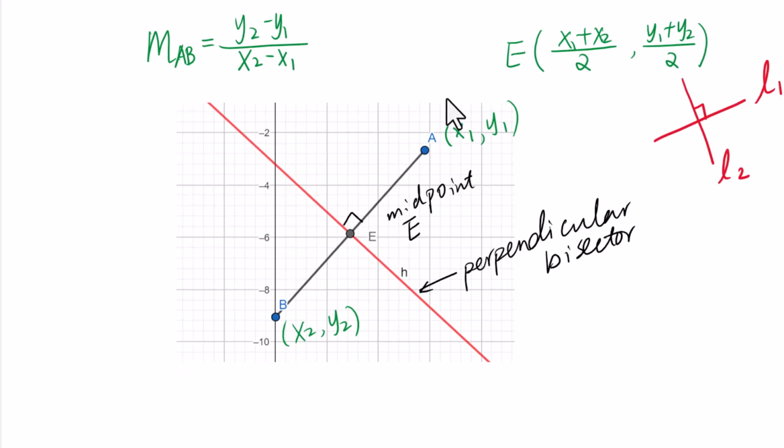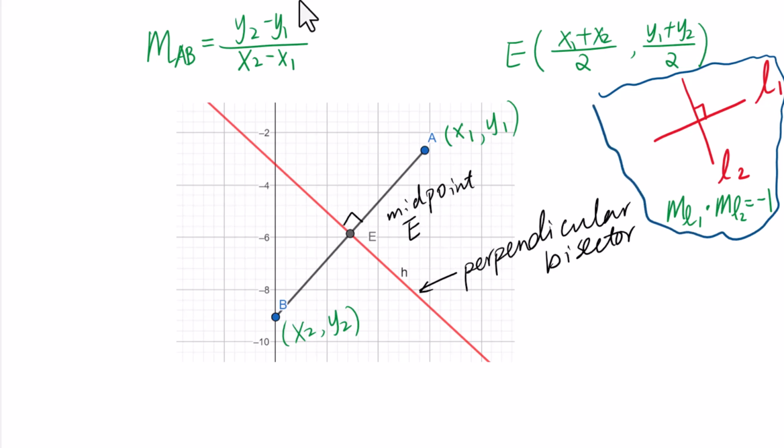If line L1 is perpendicular to L2, then the slope of L1 times the slope of L2 equals -1. This is the fact for perpendicular lines. Slope of L1 equals -1 over slope of L2.